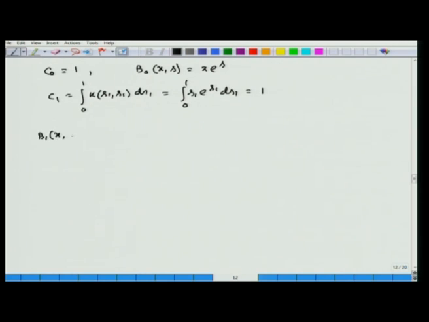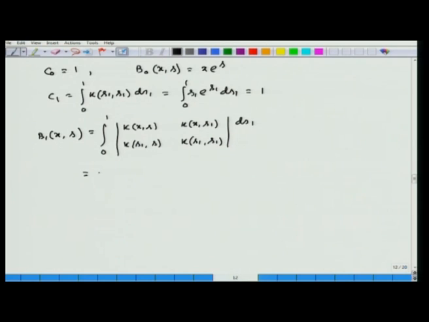Then B1(x, s) is equal to integral 0 to 1 of the second order determinant with K(x, s), K(x, s1), then K(s1, s), and then K(s1, s1), ds1.